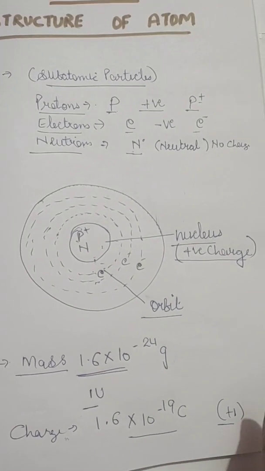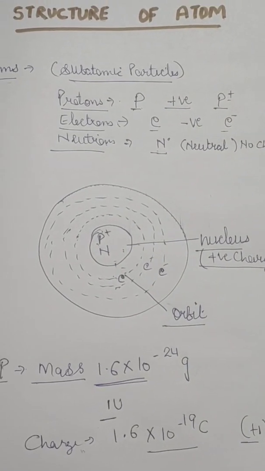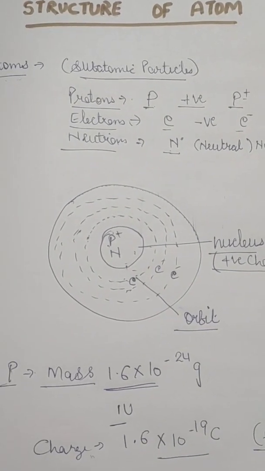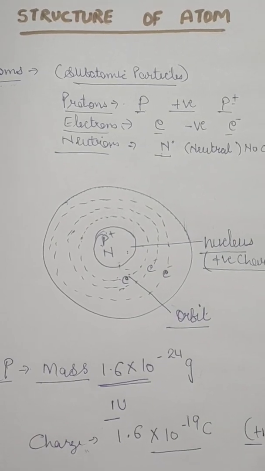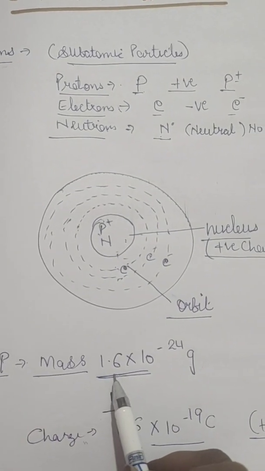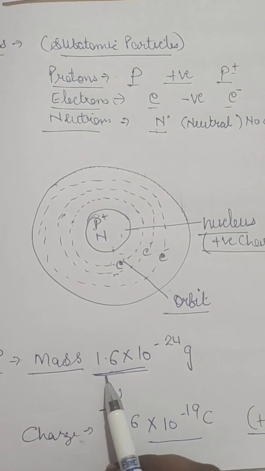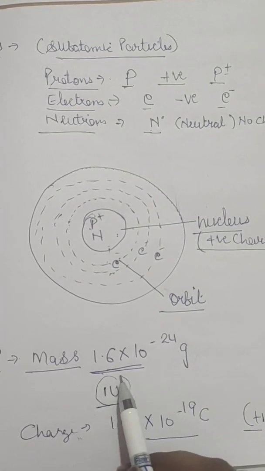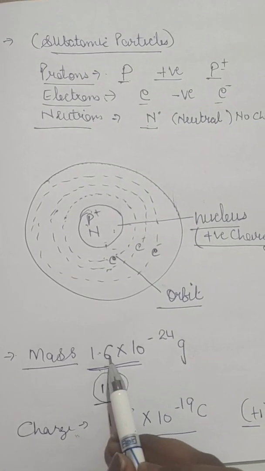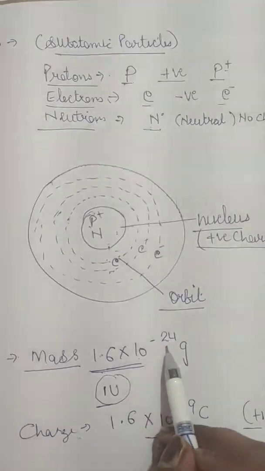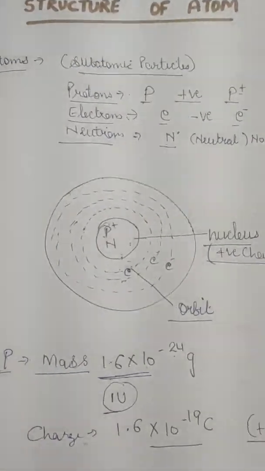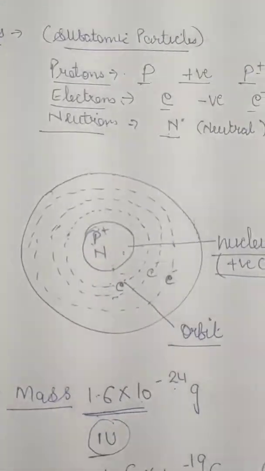We will study this in detail when we study the discovery of protons and electrons. So the proton has a relative mass of 1u, but 1.6 into 10 to the power minus 24 grams is its actual mass.